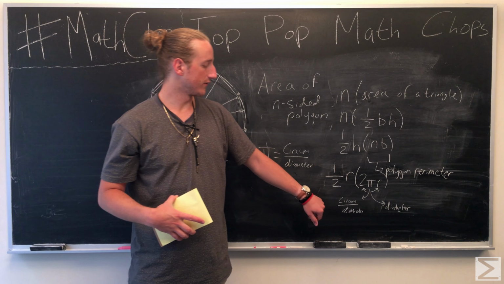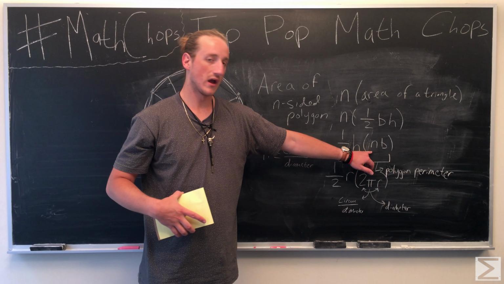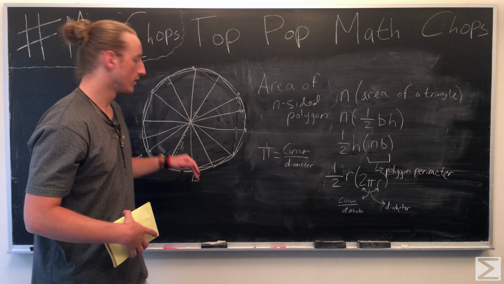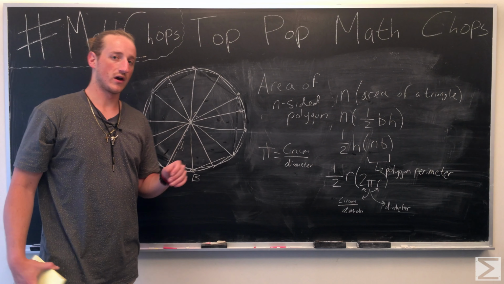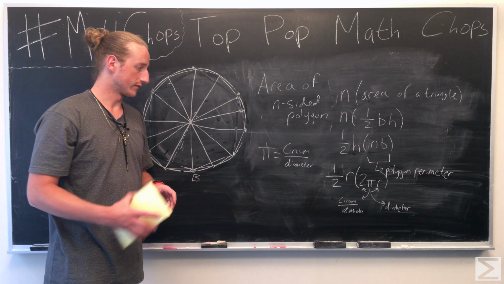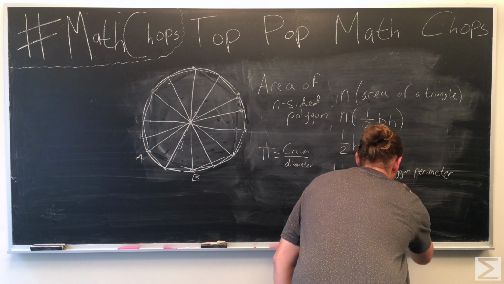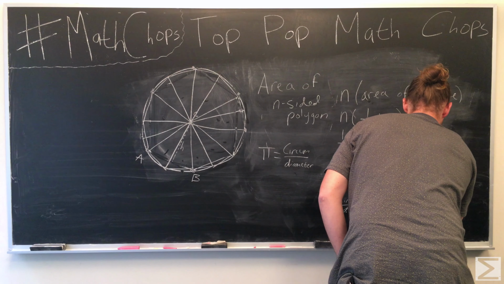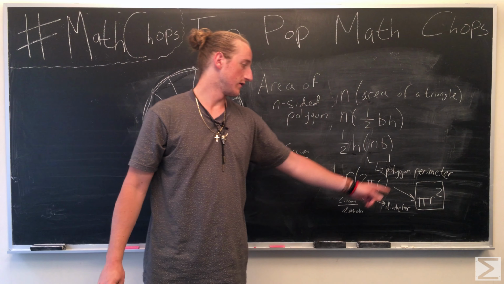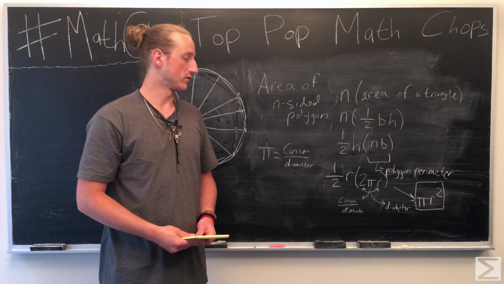So multiplying those two will just leave us with the circumference, which we had here, nb, and plugging in r for the height, because we know that once these triangles are small enough, the height of the triangles will be the exact radius of the circle. And so simplifying this formula, you get the equation we now know and love of the area within a circle, which is pi r squared.